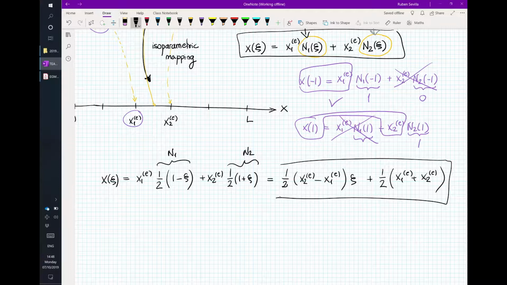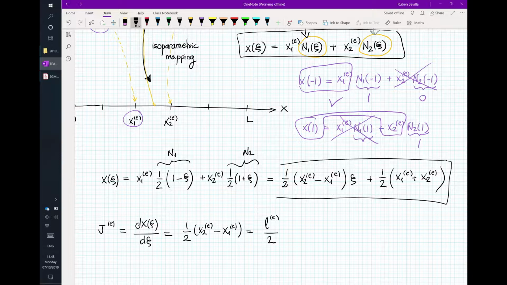And I can differentiate this thing. And the derivative is simply 1/2 of x2 minus x1, which is, if you remember, nothing but half of the length.